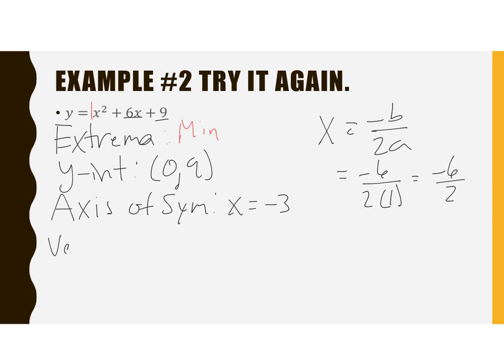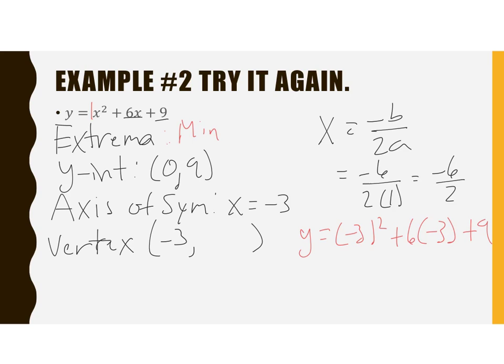Now that's also the x value of the vertex. So plug in negative 3 for the x. To find the y value, I'm going to plug in negative 3 and solve for y. So y equals, instead of x squared, negative 3 squared, plus 6, instead of x, negative 3, plus 9.